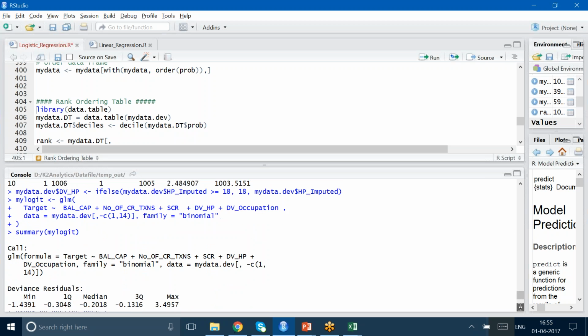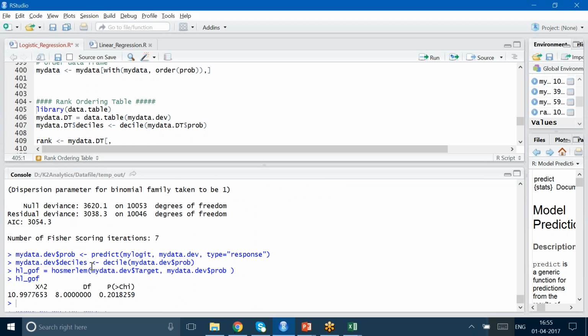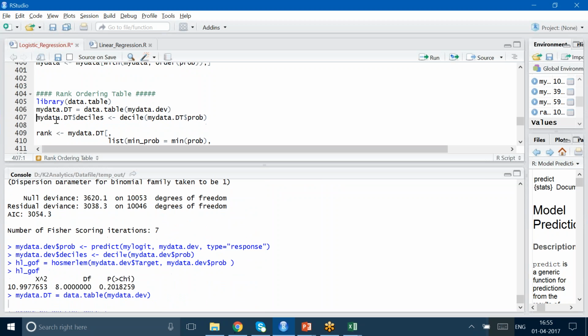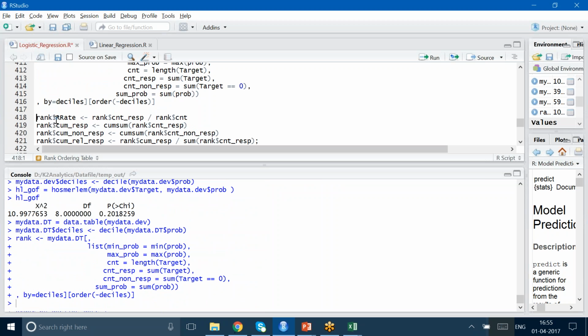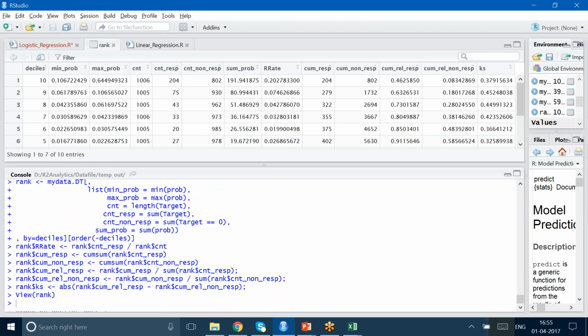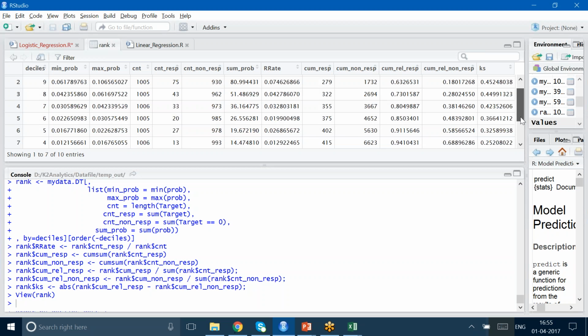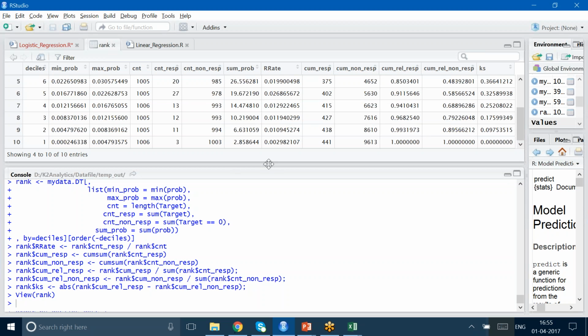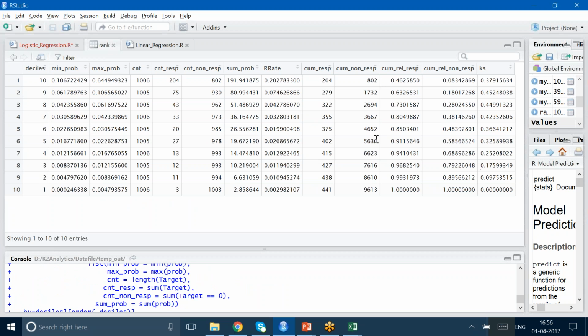Decile column I have already created, so I can now run these steps. Let us directly jump to the probability. 0.20, 0.07, 0.04, 0.03, 0.01, 0.026, 0.01, 0.01, 0.01, 0.02.